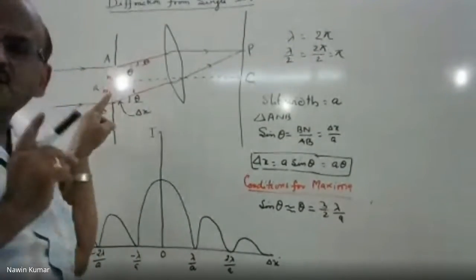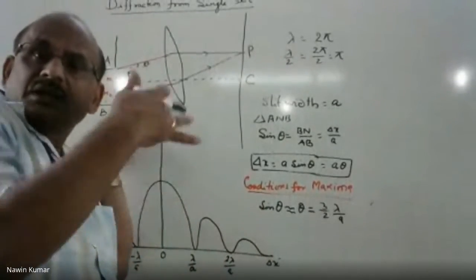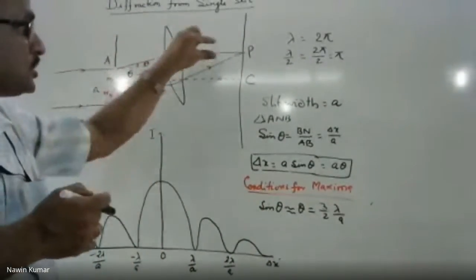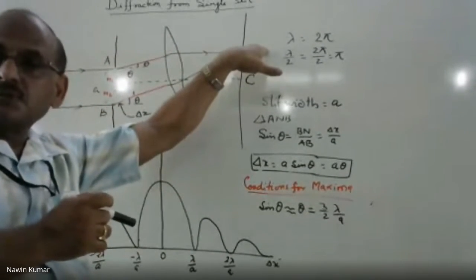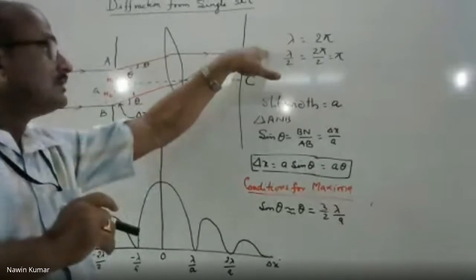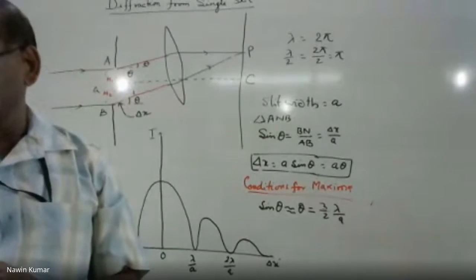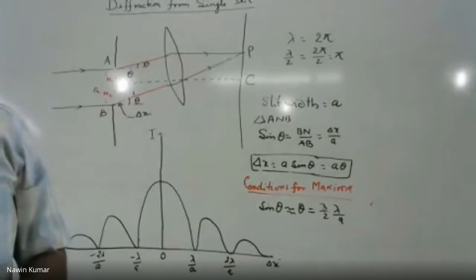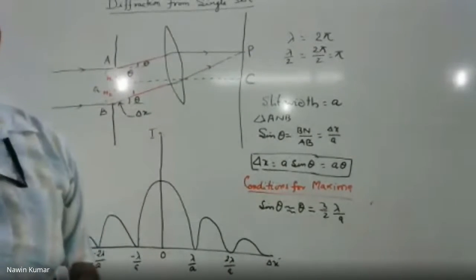But the third part, which is here, M2B, is the leftover part. So some intensity of light reaches point P, and that is the maximum, some brightness will be there. So in that case, we can say that for the third one, some intensity will be there.